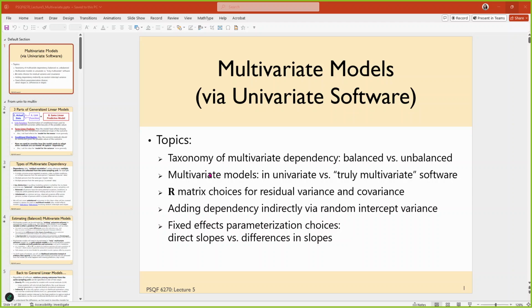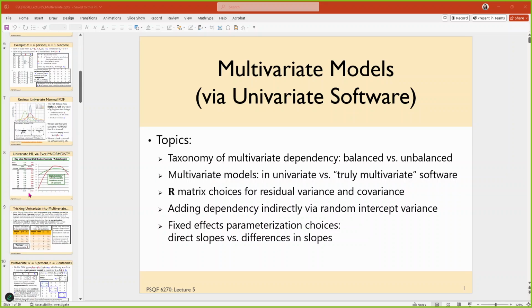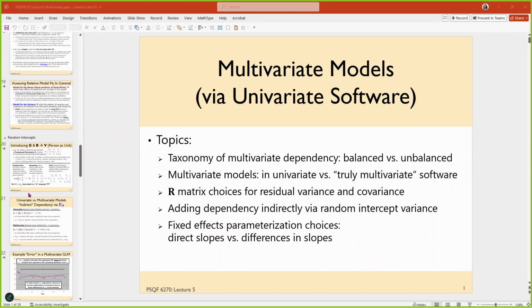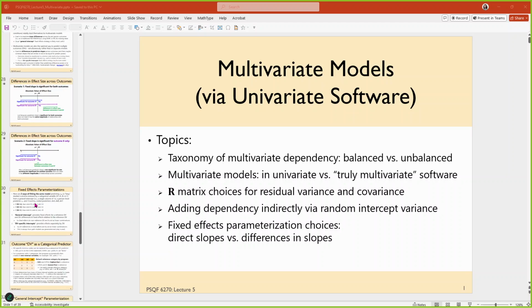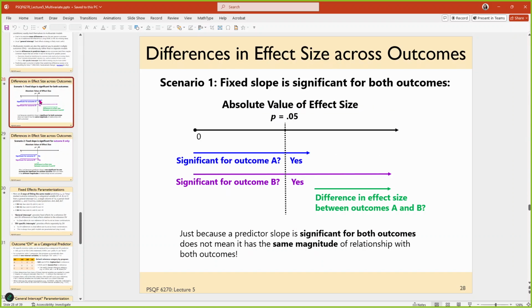Like the part at the end of the video where you were talking about how you handle dependency within the general linear model, the differences in effect size and cost outcome. You want to do this part again in terms of how to set up the model to have different fixed effects? Is that the question? There might have been more too, but I know that part.